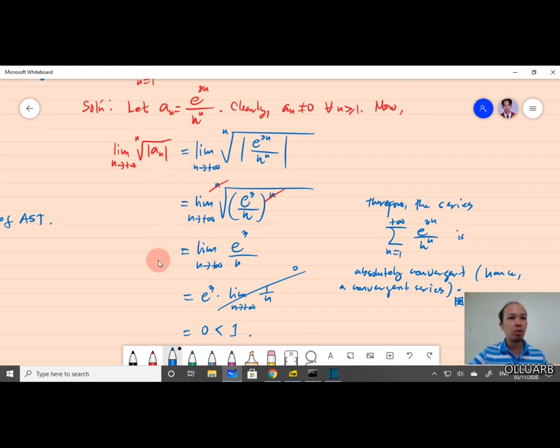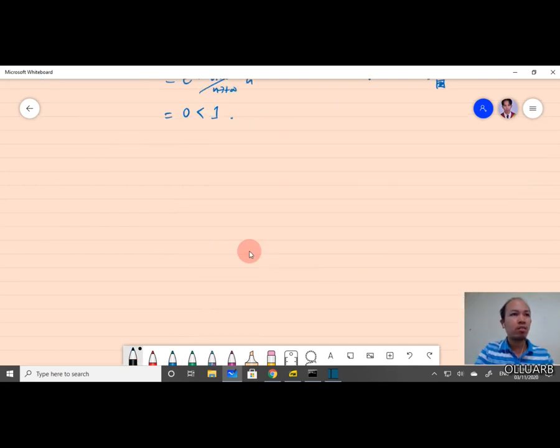So let's have another solution using the ratio test. Okay, this is to show how useful the root test is in solving the previous problem.